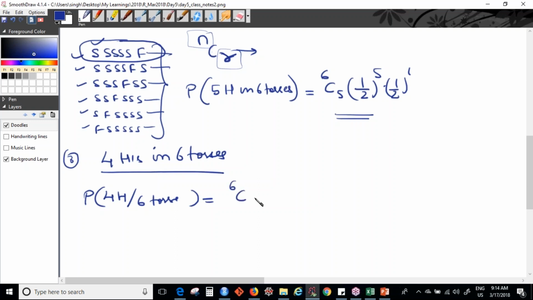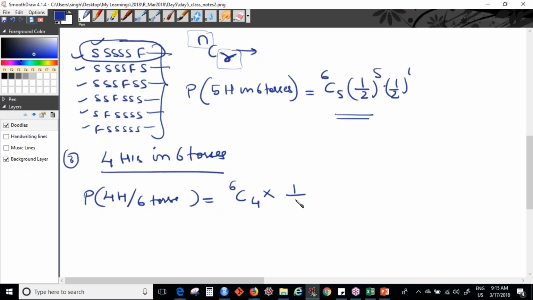Yes, 6C4 into. So that is the total number of ways you can arrange 4 heads or 4 successes in 6 places. But what is the probability of each? Yeah.